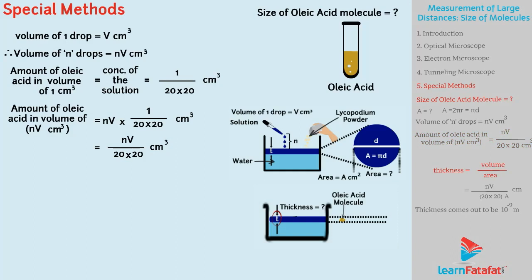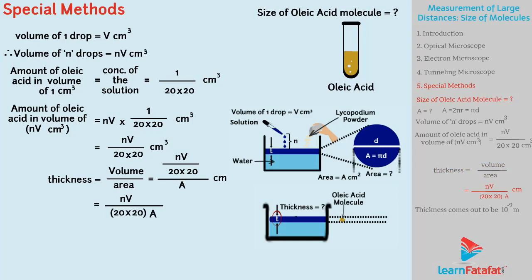Also, we know that thickness equals to volume upon area. Therefore, by putting the values, we get nV upon 20 into 20 whole divided by A, gives nV upon 20 into 20 into A centimeters.